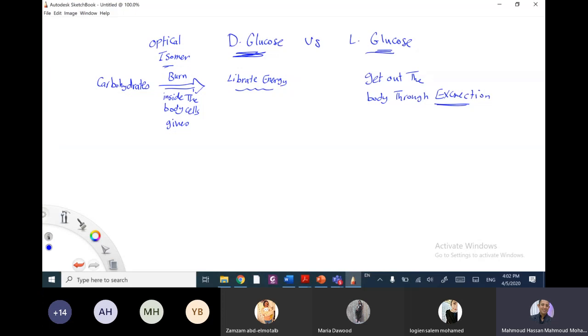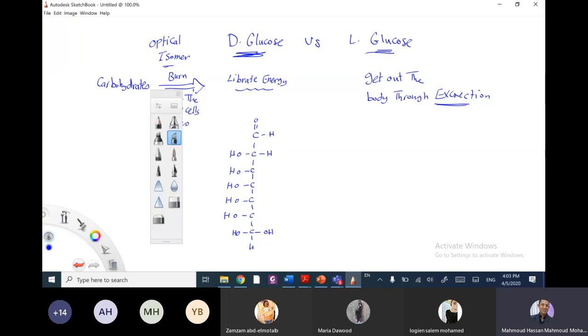Okay. Return back to the glucose structure. It will be represented as CHO, then C2, 3, 4, 5, and 6, with H, OH, OH, OH, OH, OH, H, H, OH.